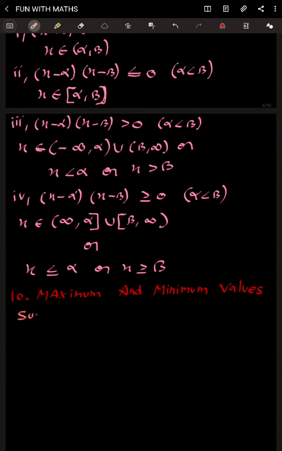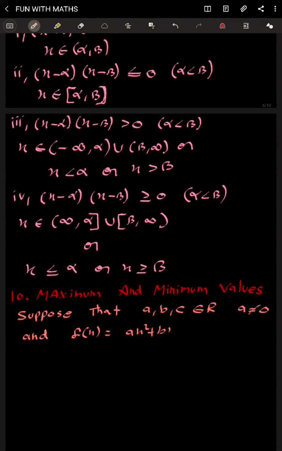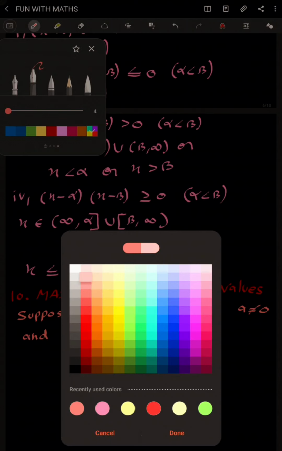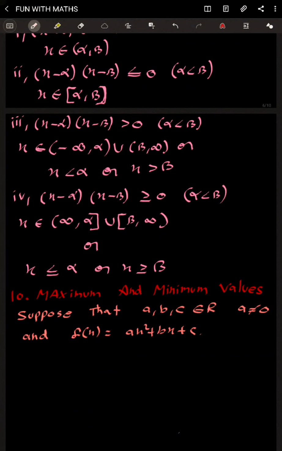Suppose that a, b, c belongs to R, real numbers, a is not equal to 0 and f of x is equal to ax square plus bx plus c. So we again have two cases.